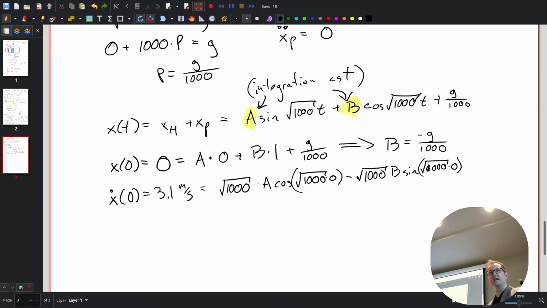We still end up with sines and cosines there. Sine is 0. Now A is that speed over square root 1000, where that one's the natural frequency, the natural response frequency.